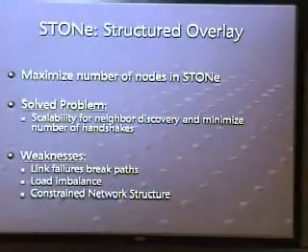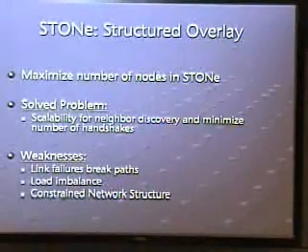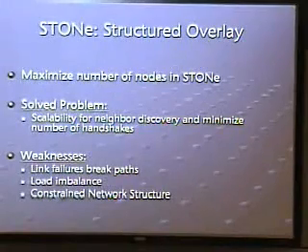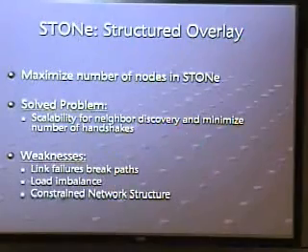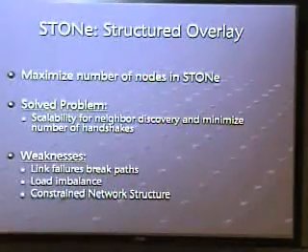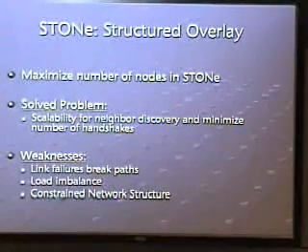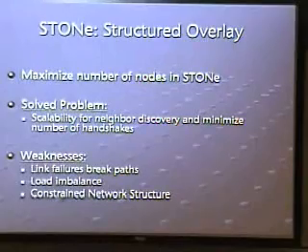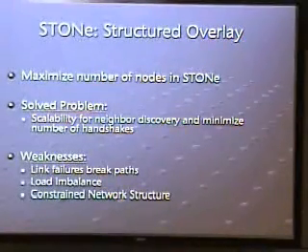The whole idea of the Stone routing is to maximize the number of nodes in Stone. So we use a structured overlay to do this. It solves the scalability problem for neighbor discovery and also minimizes the number of handshakes. If you had a fully connected network, as lots of these typical anonymity networks are right now, you would have to exchange keys with all neighbors when a new node joins.